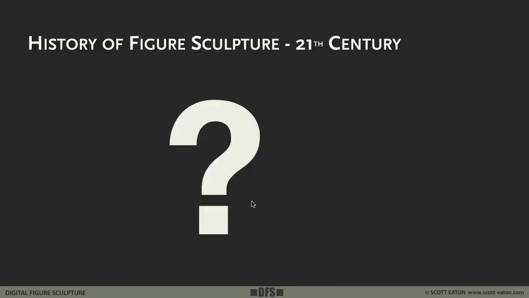So what are we going to do with all these tools? That's the big question mark. There's a big group of people that want to know about traditional figure sculpture and all the details that they used to know to create beautiful things, and we have fantastic tools to do it. So that's what this course is about, and this is where we're going to go.